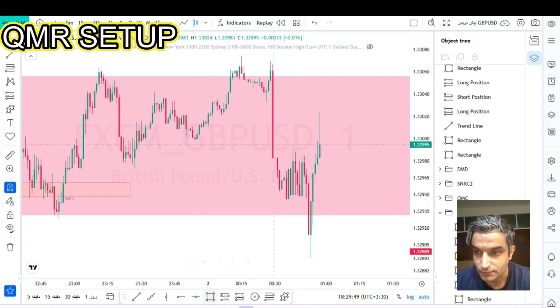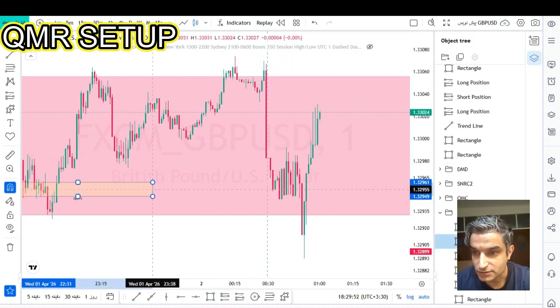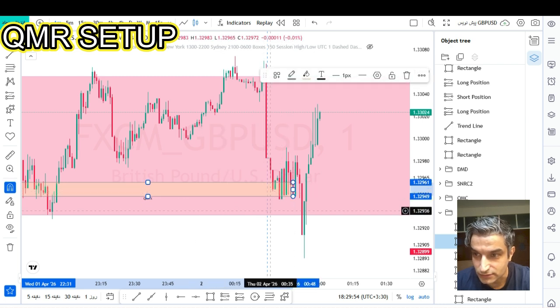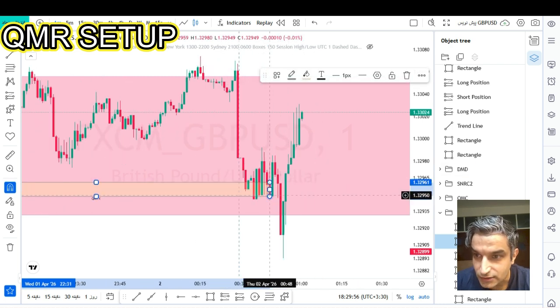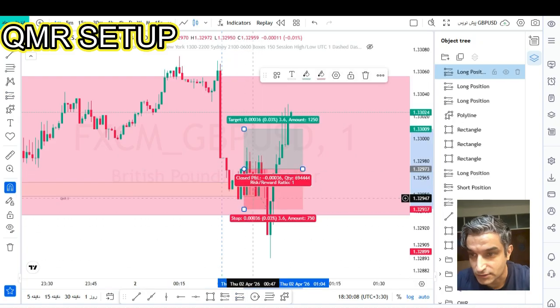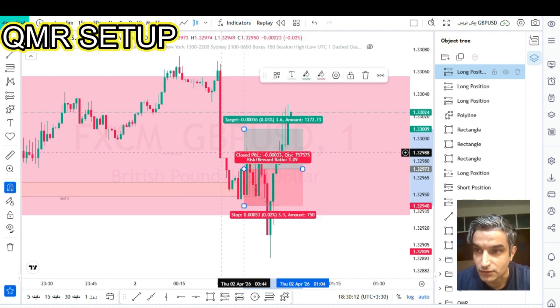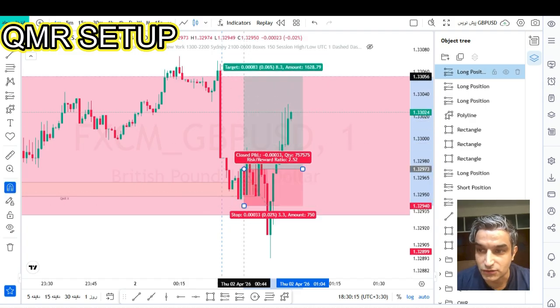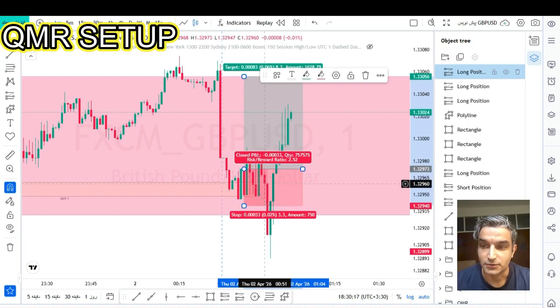As you see, price touched this area and it has an engulfing candle, and if we enter the market in this area, put our stop loss here, our first TP around here. As you see, it touched our stop loss and we lost our trade.